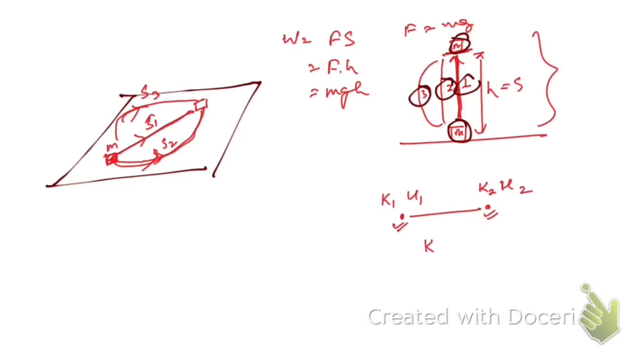Then k1 + u1 = k2 + u2, that is, total mechanical energy remains constant. But in case of a non-conservative force, total mechanical energy will not be constant. So hope you have understood this.